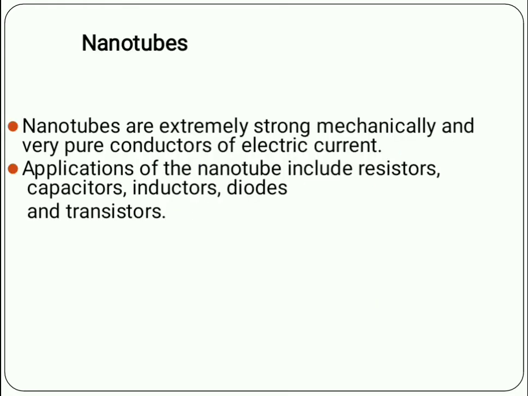Nanotubes are extremely strong mechanically and a very poor conductor of electric current. So this is the first thing, it is very commonly used in industries, and the research is going on. Applications of this, they are generally used in resistors, capacitors, inductors, diodes, and transistors.